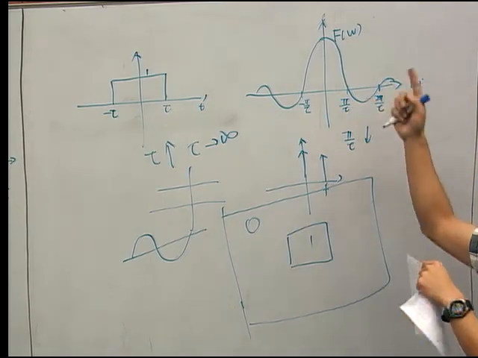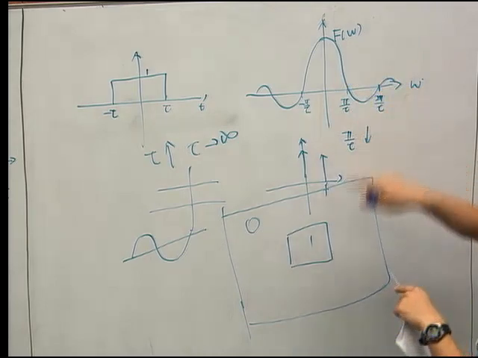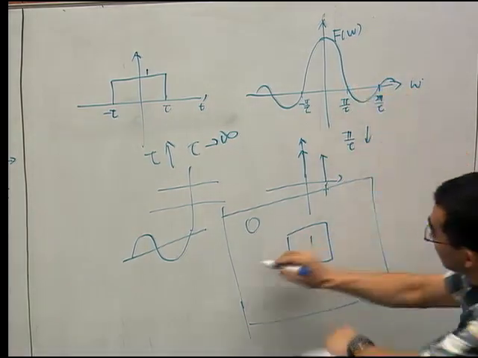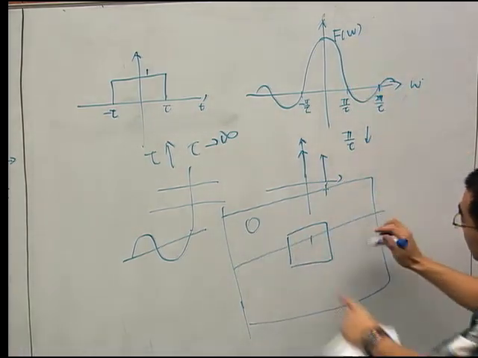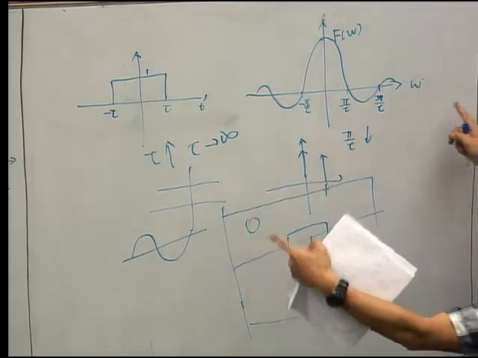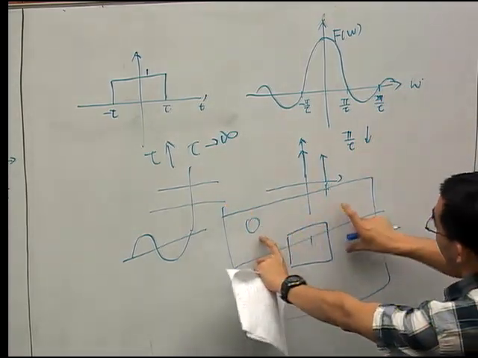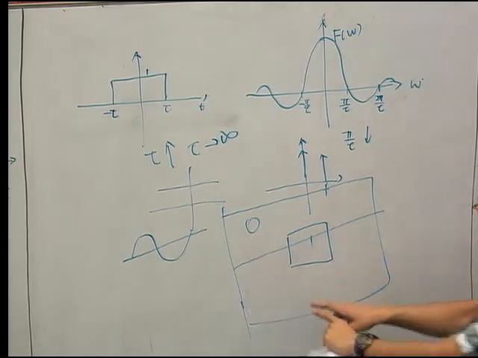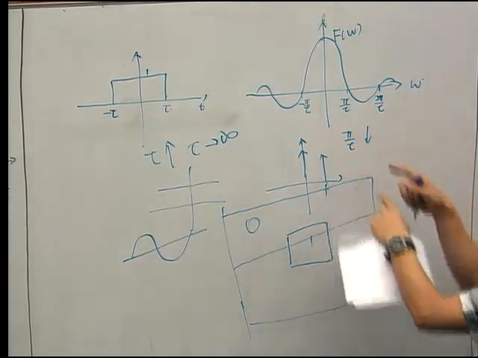It is symmetric everywhere, so you can see the cross section. If you shrink this one, you will expand in the frequency domain. If this center becomes larger, this one becomes narrower.